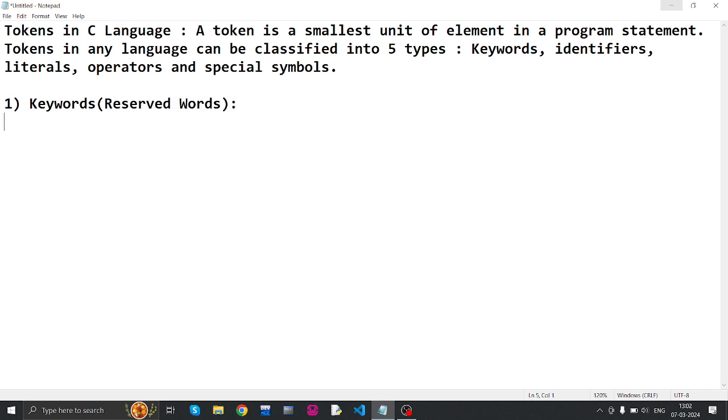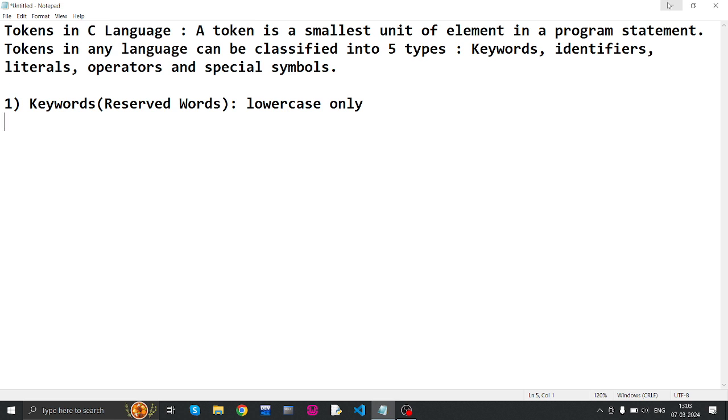One thing we have to remember is keywords must be written in lower case only. Why? Because one of the important features of C programming language is that C is a case sensitive language. Case sensitive means capital letters and small letters are completely different.